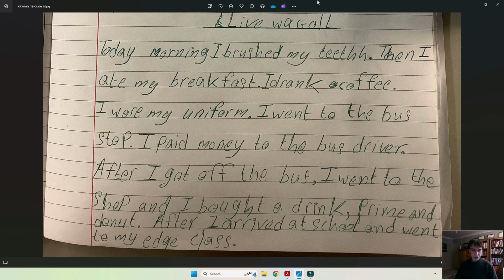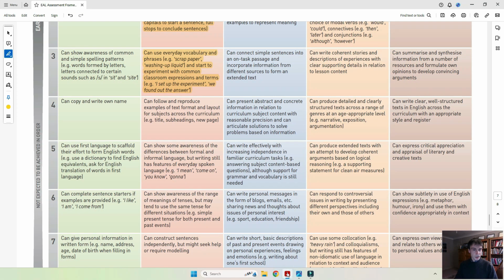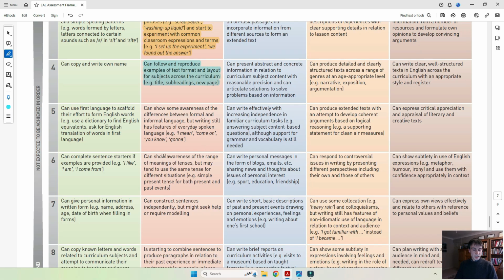So I think we simply do not know whether the learner is fulfilling this. So what I'm going to do, I'm going to mark this in blue to suggest that we simply do not know.